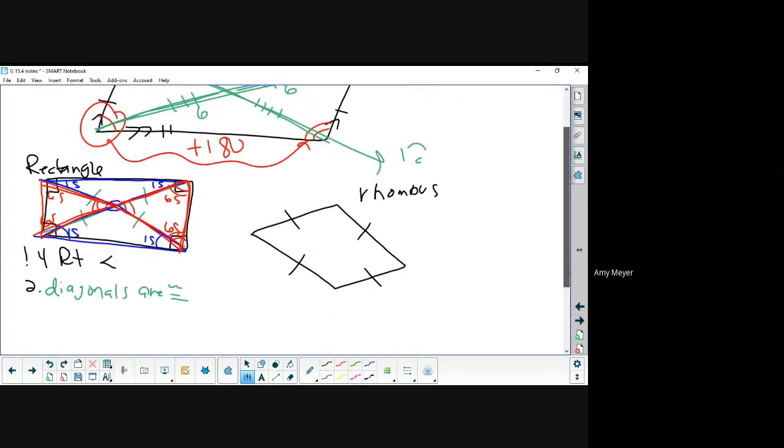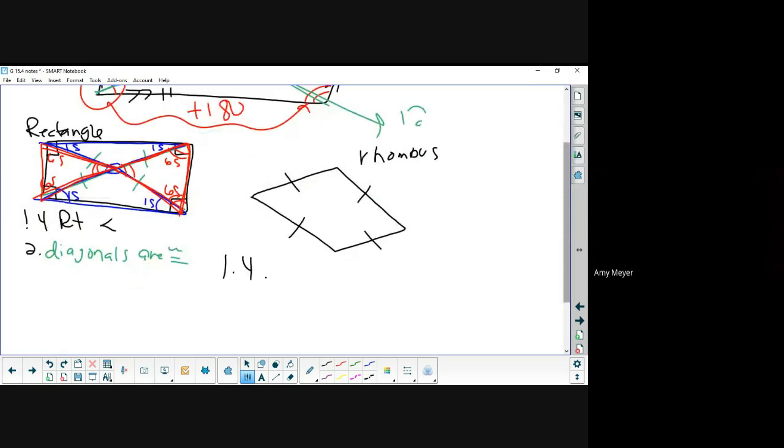And that's your first property: four congruent sides. It was a square, but now the angles are sideways, kind of smushed. Four sides congruent, where this had four angles.